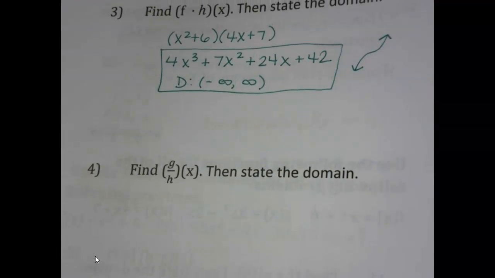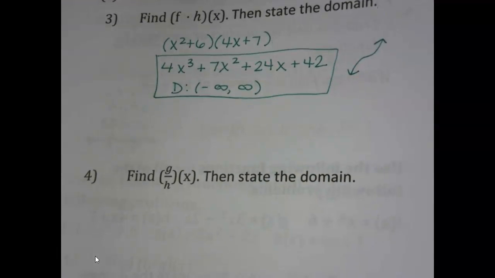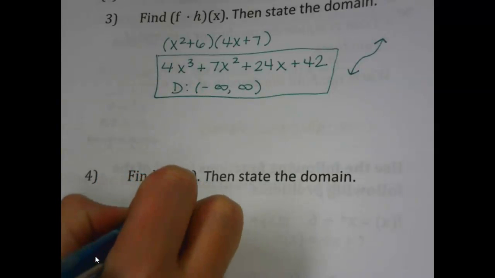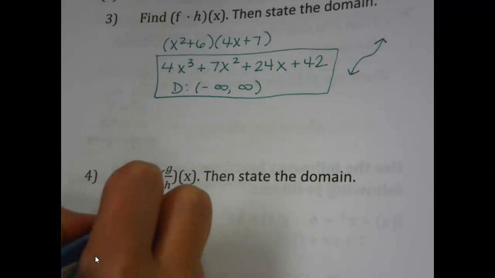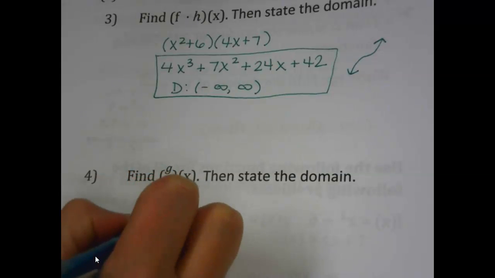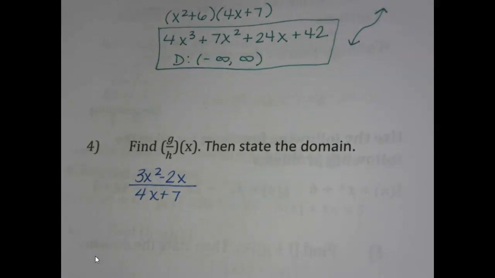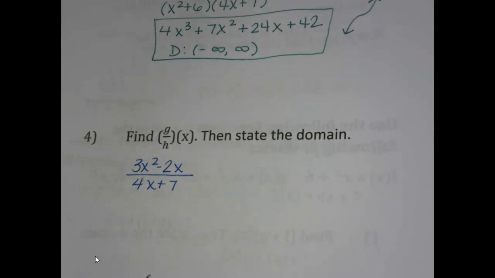All right, next one. Find g divided by h of x. So we're going to take our g of x function, which is 3x squared minus 2x, over 4x plus 7. If you remember when we studied rationals, we always want to have everything as factored as possible.